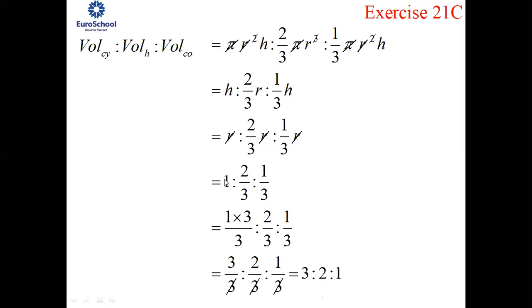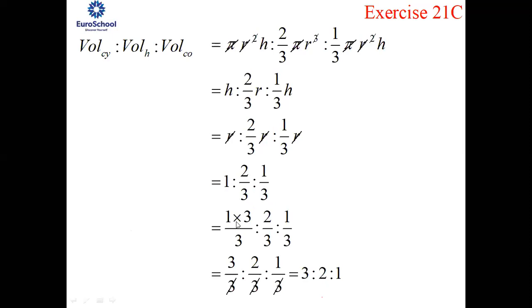When you look at the first term alone, it is a whole number, which is 1. And the other two are fractions, 2/3 and 1/3. Now, if you are able to bring out the first term as something divided by 3, then you will have 3 common in the denominator, so that it will be easy for you to cancel it.